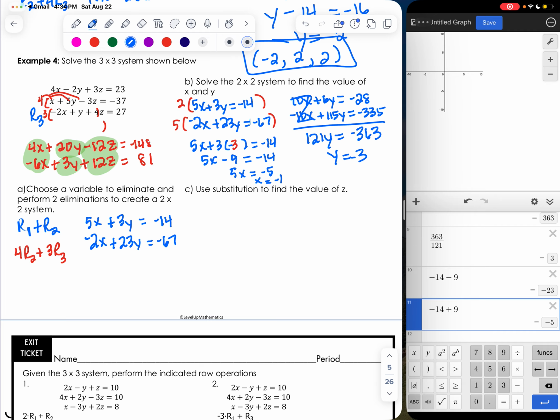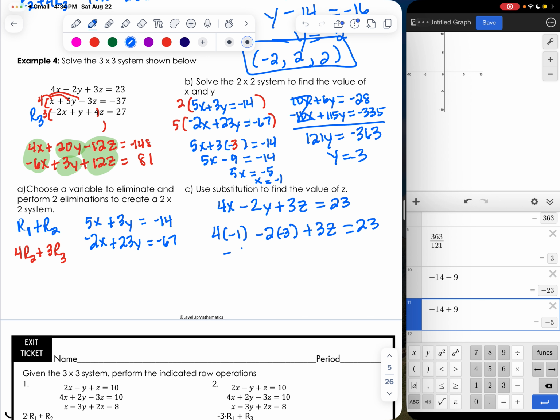All right, now, last step, I'm just going to write down my first equation from the original problem. And I'm going to put a negative 1 for the x, negative 3 for the y, plus 3z equals 23, and we'll solve for z.